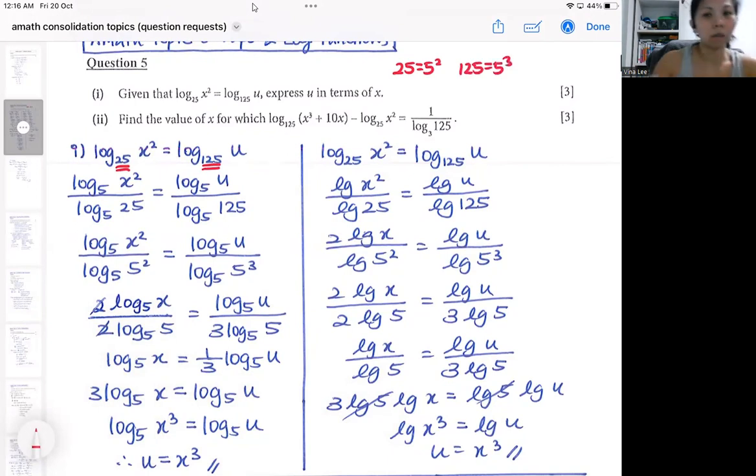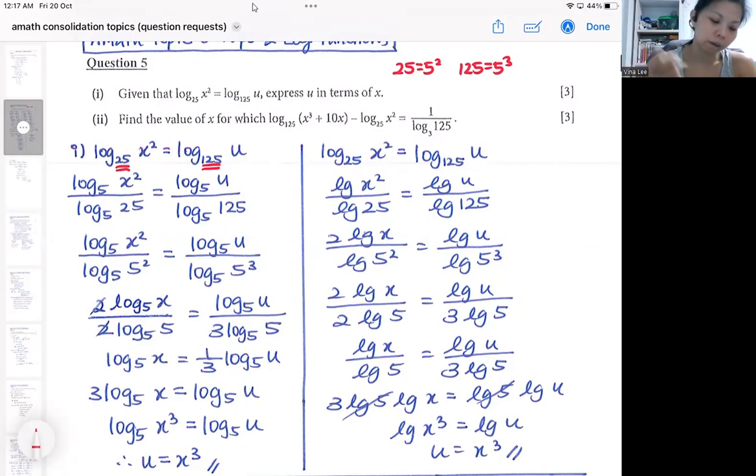So obviously these two numbers are somehow related by the same base. If I want to do a change of base, most of the time I prefer to change it to a lower base. But in this case, it will not be possible if I change 125 to base 25. Because these two numbers are related by base 5, I will choose to change it to base 5.